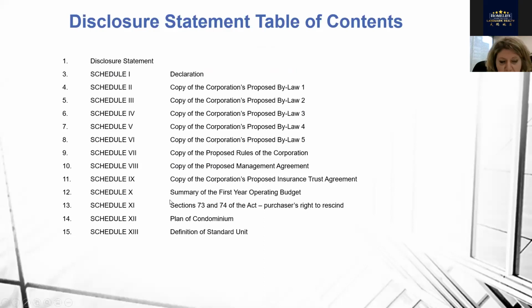And then you will have the warning clause for the purchase, the right to rescind. Then you will have the plan of the condominium and the definition of standard unit. All this plus the agreement of purchase and sale. So this is the full package the builders will provide your client with.